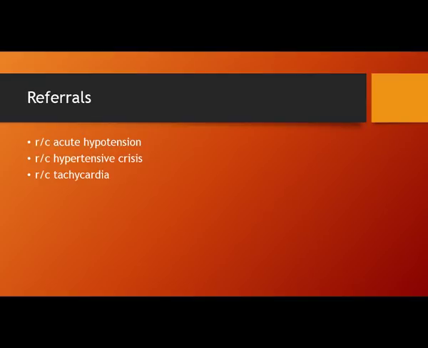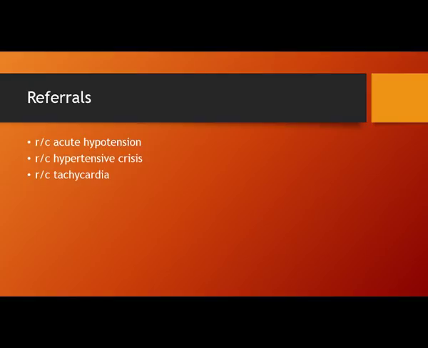Again, once they're stabilized, we may continue to monitor them, but it also could be a referral situation where we're handing them off. And then acute hypotension too. We could have hypotension and maybe call and get orders.